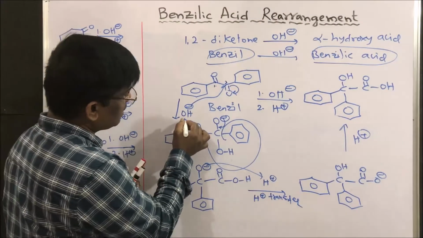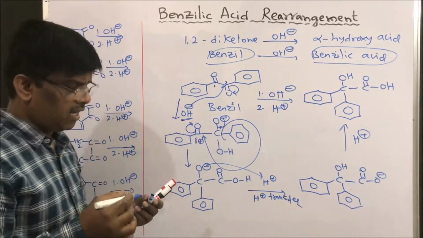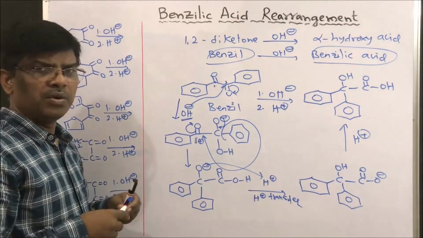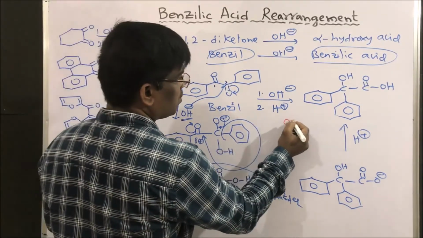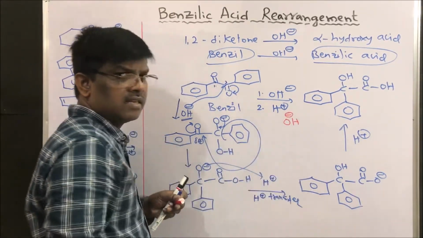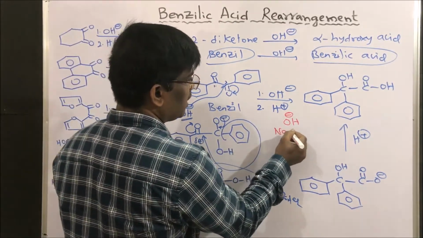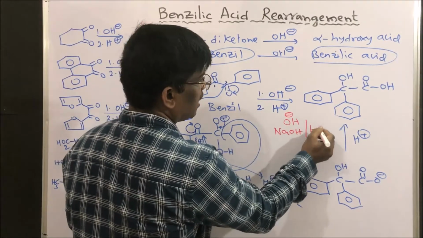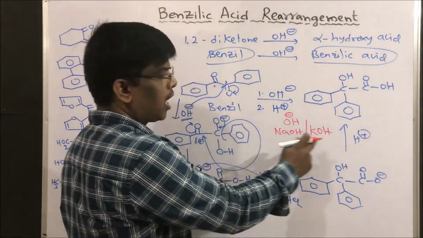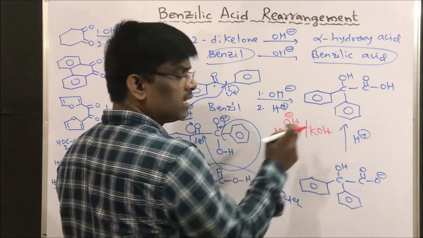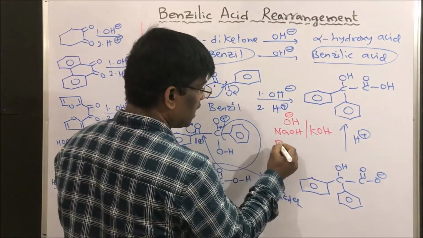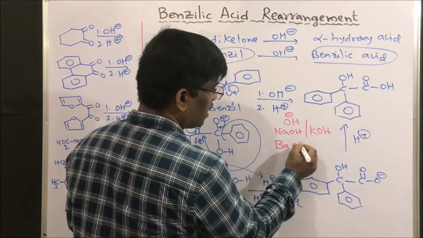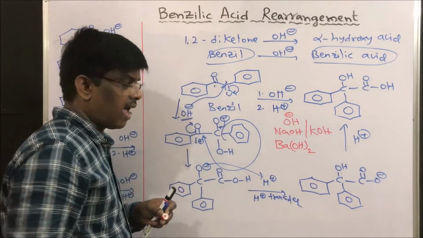Usually, what are the reagents? The base is usually NaOH or KOH, that is sodium hydroxide or potassium hydroxide. But if you use barium hydroxide or thallium hydroxide, the reaction will be very fast.